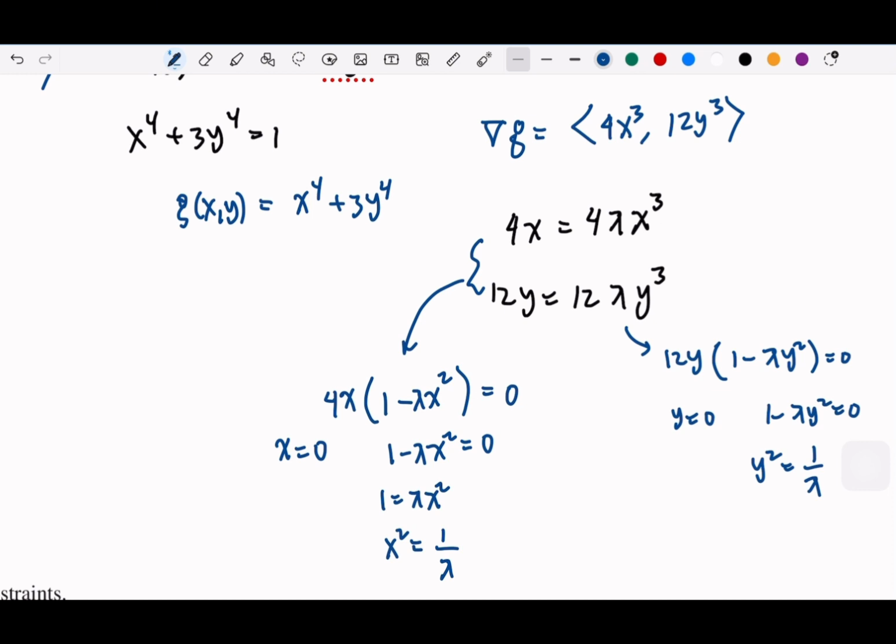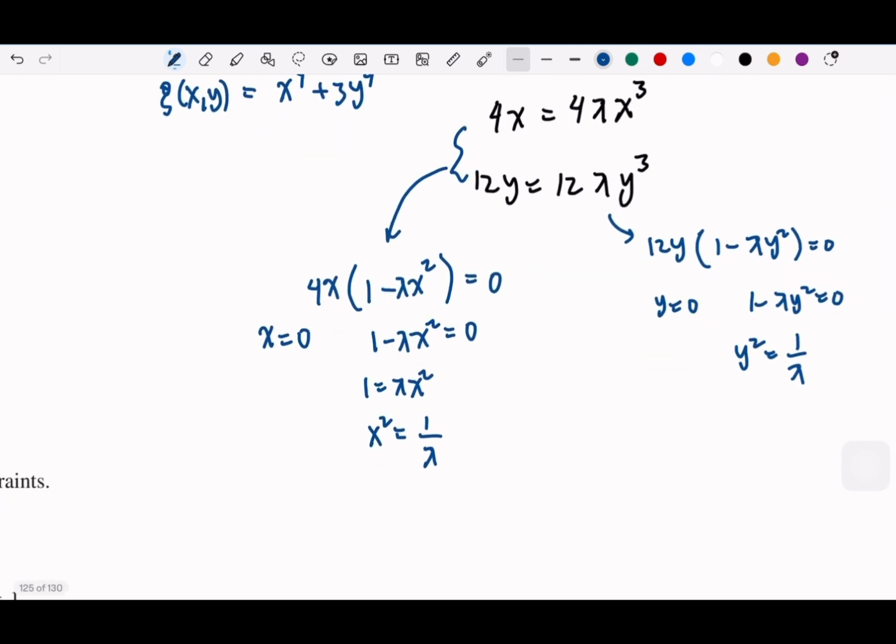So if x is 0 and y is 0, then they will contradict the equations, right? So we can write here that x and y both cannot be 0, right?